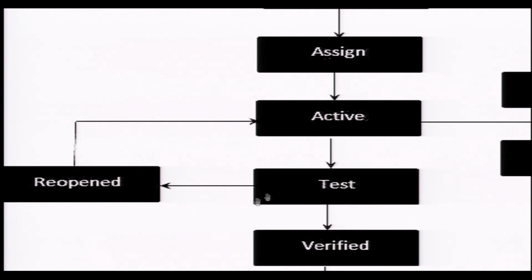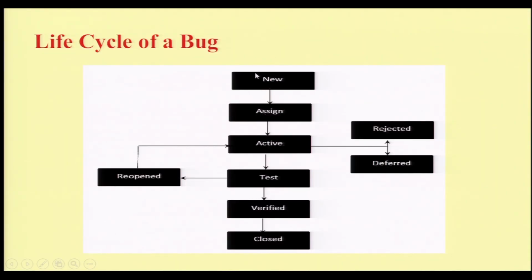So the loop follows again and again. So this is the life cycle of a bug. Let us now give in detail about each and every phase in the life cycle of a bug.